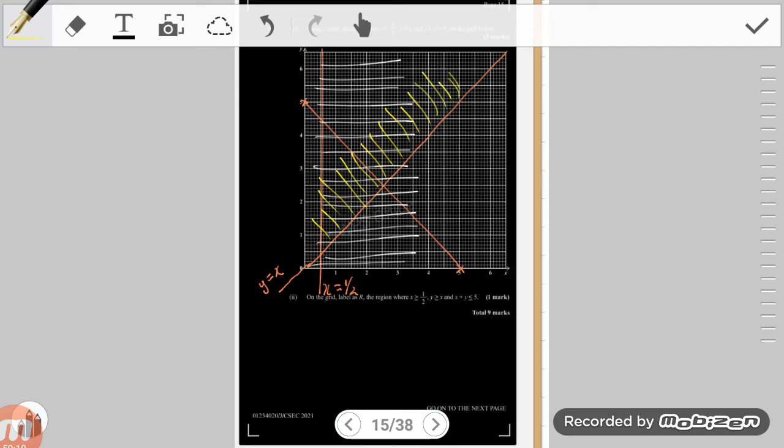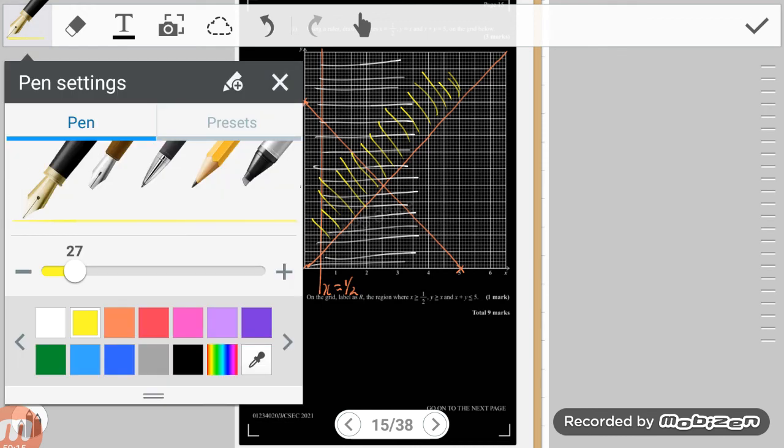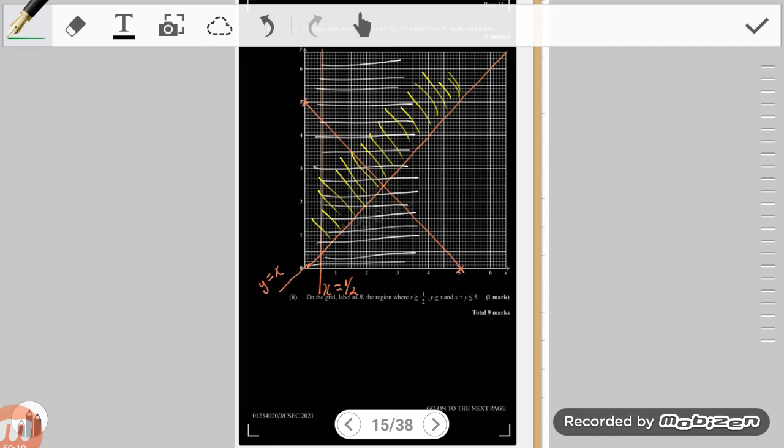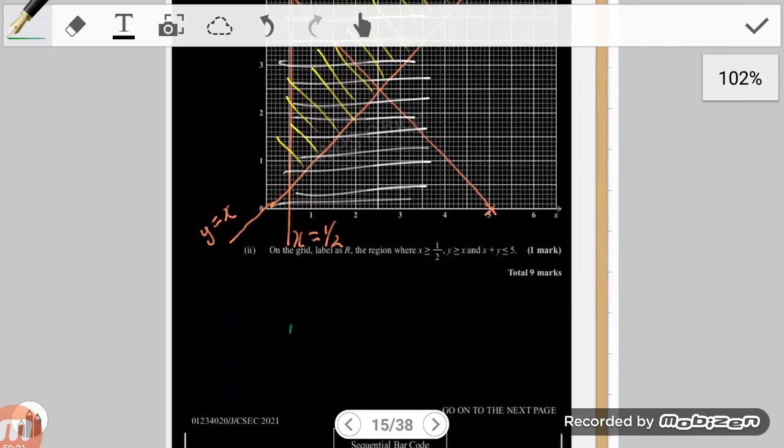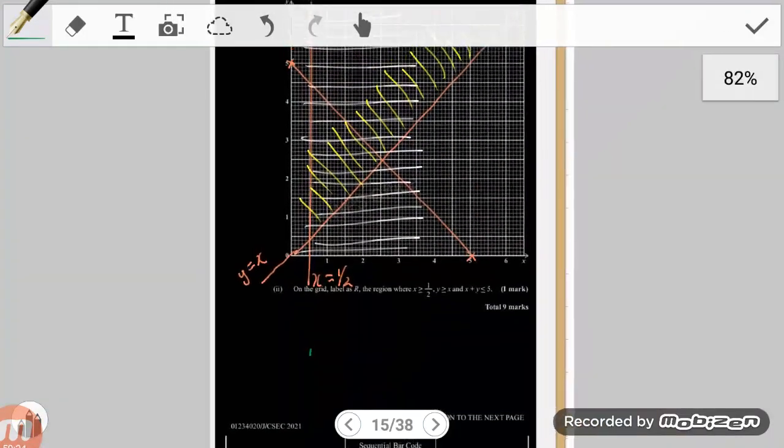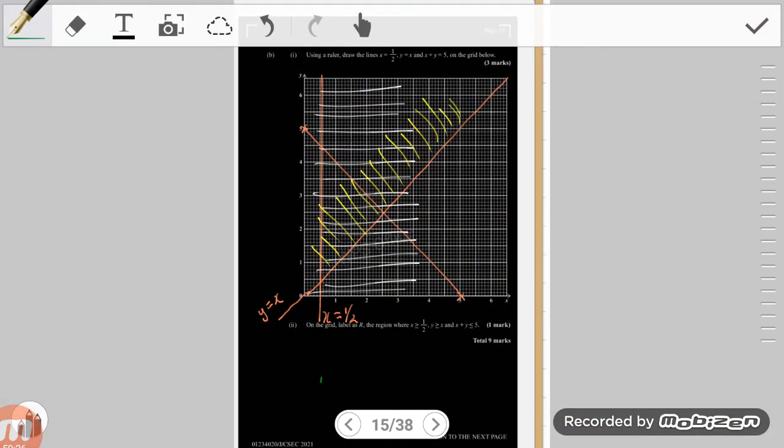Alright, we're looking for the region where all 3 colors are going to be in at the same time. And let's do green. We're looking for x plus y is less than or equal to 5. So less than this line here, it's going to be below it.